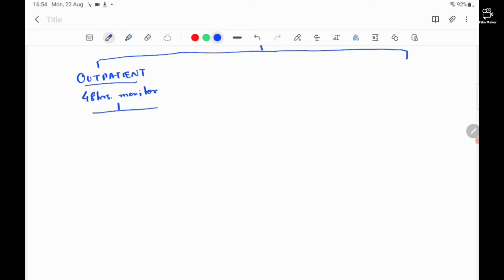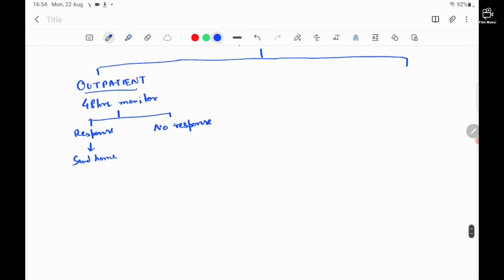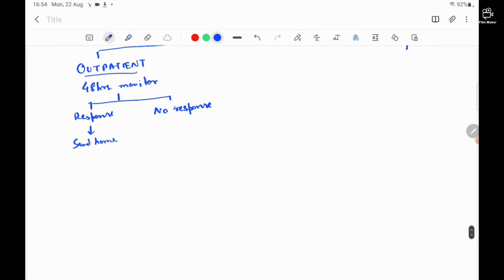If there is response, send the patient home. If there is no response, this might be anything. This might be pregnancy, this might be HIV, this might be abscess as well, this might be ectopic pregnancy as well.